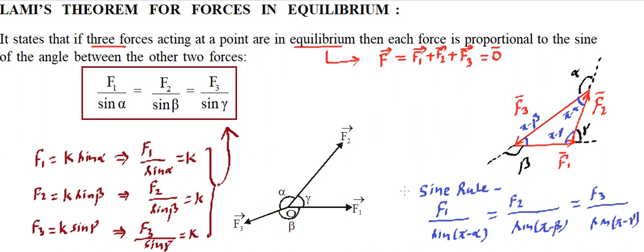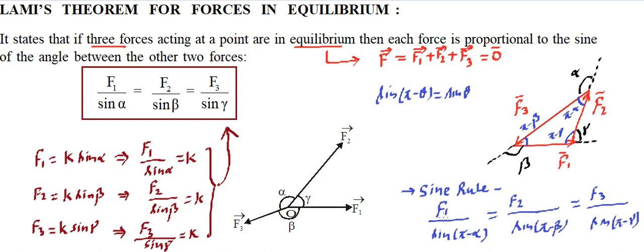You will be learning the sine rule, and similarly there is a cosine rule. So we use this sine rule and find f1 upon sine of pi minus alpha, f2 upon sine of pi minus beta, f3 upon sine of pi minus gamma. We also know sine of pi minus theta is basically sine theta. So all these terms get converted into alpha, beta, gamma.